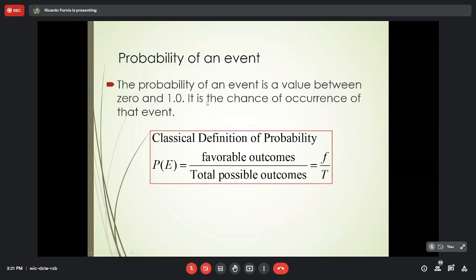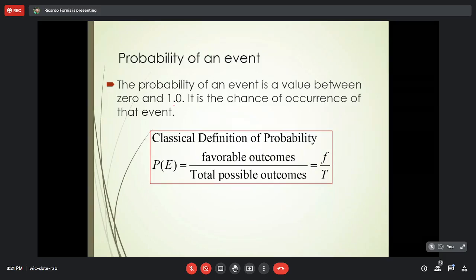So when we talk of zero probability, the interpretation is that the event will not possibly occur, while if the probability is 1 or 100%, it means that the event will surely occur.